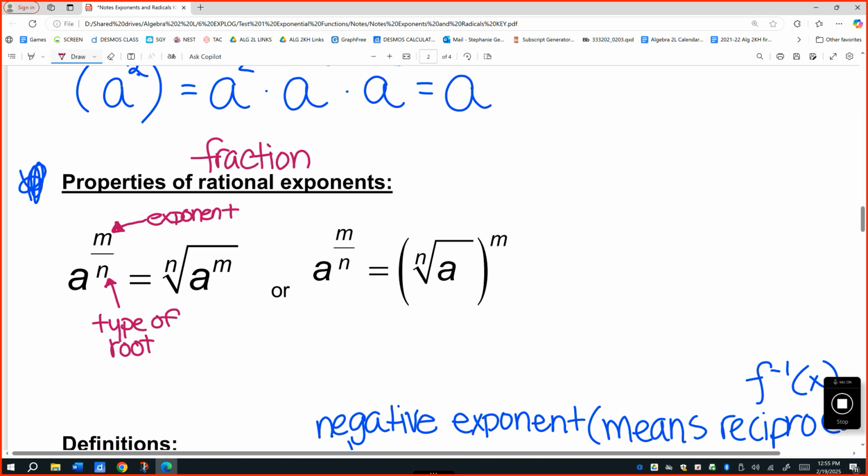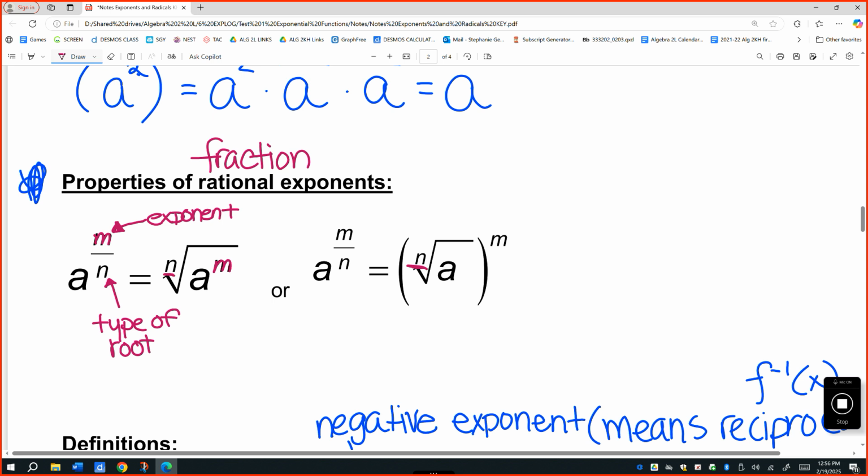So if you have something that looks like a fraction exponent, you can rewrite it in one of two ways, okay? Notice both of these are the same in that the denominator is the root, right? But when it comes to the numerator, the exponent, you can either put that under the root, like this example, or you can put it outside the root. They mean the same thing, okay?